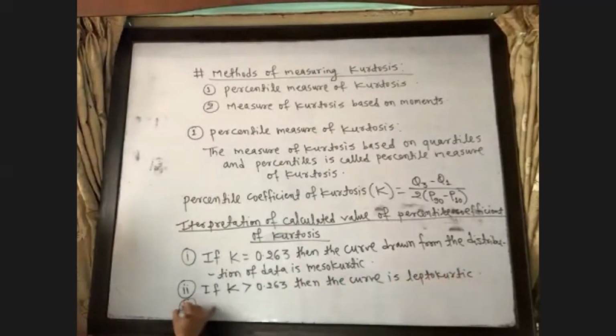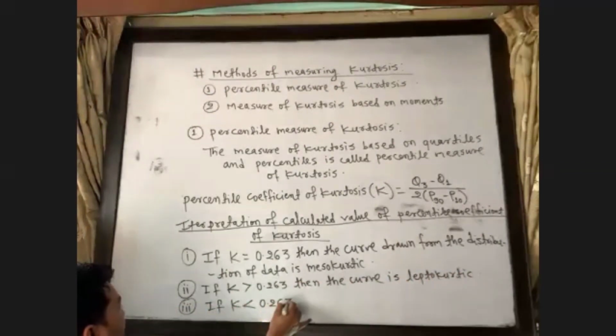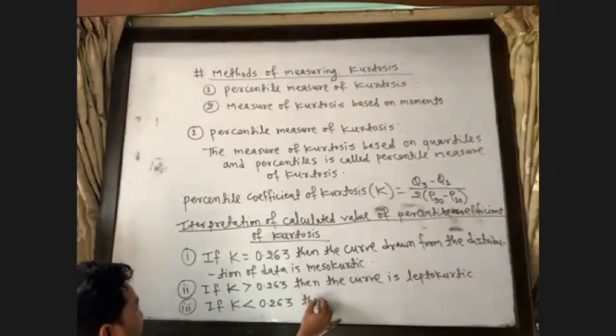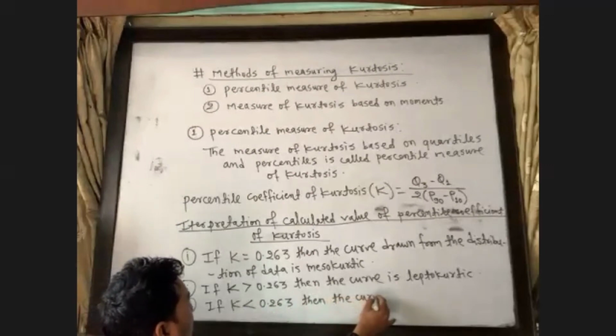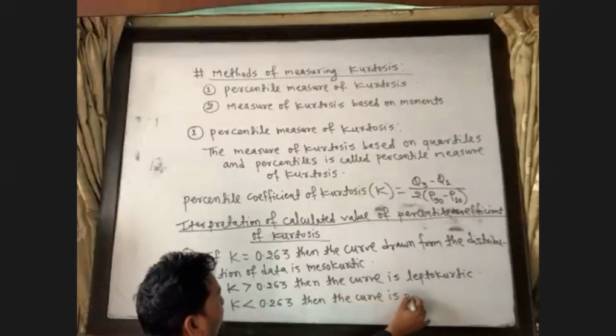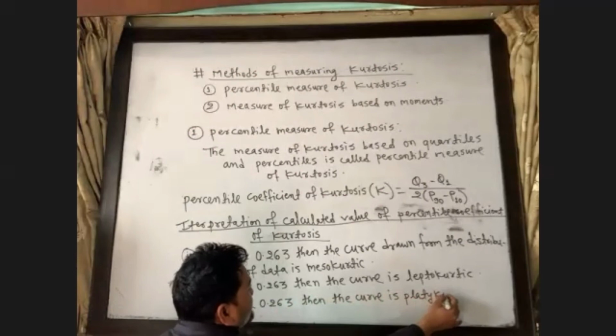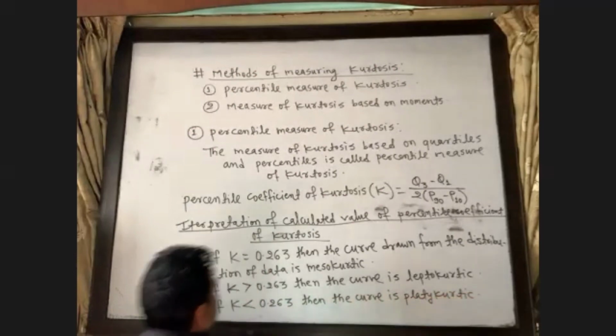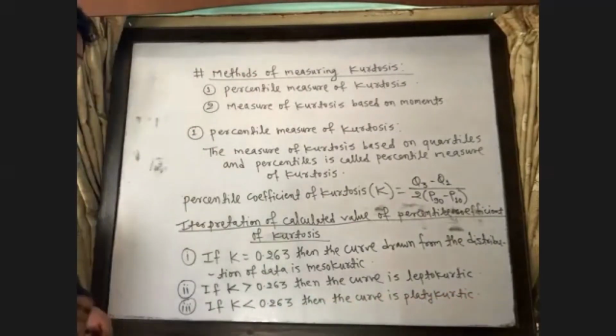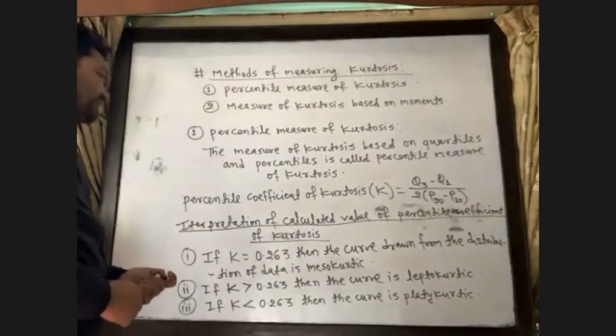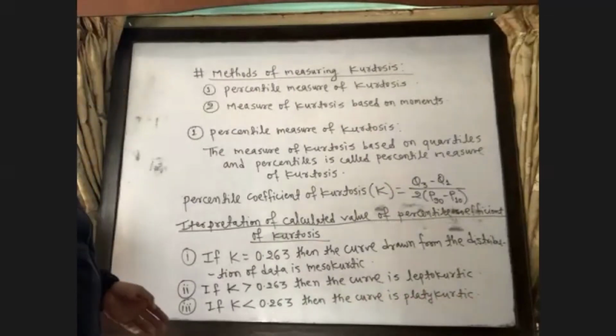Now in third number, if k is less than 0.263, then the curve is platykurtic. Okay, so this is the interpretation of calculated value of percentile coefficient of kurtosis.